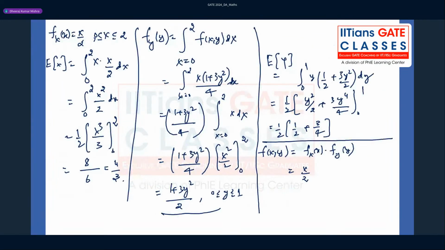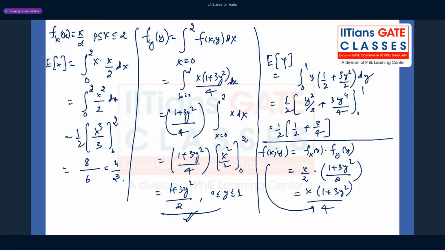And if you multiply this, you get 1 plus 3y squared by 2, so this will give us 1 plus 3y squared upon 4. So you see here, we are getting back the same.